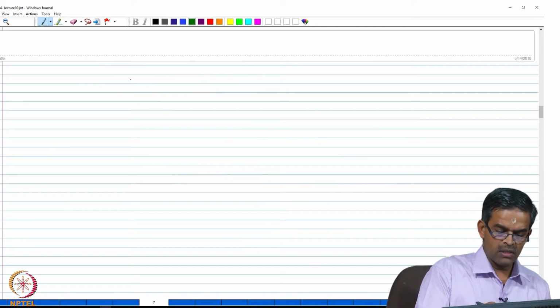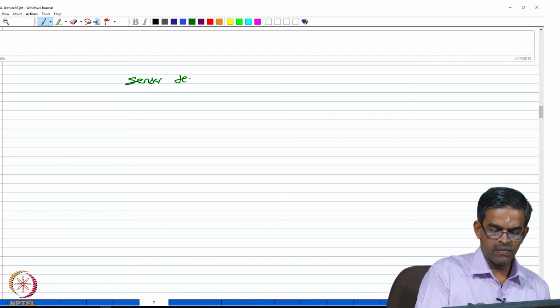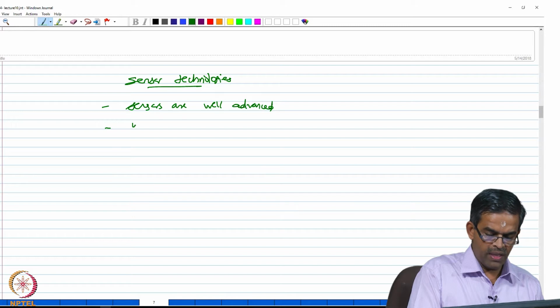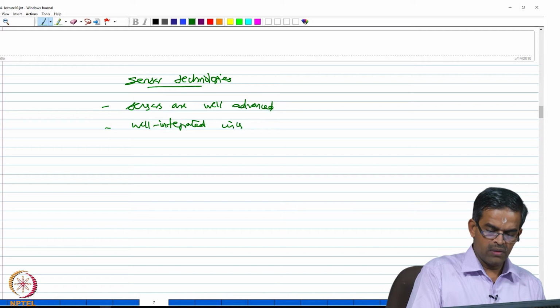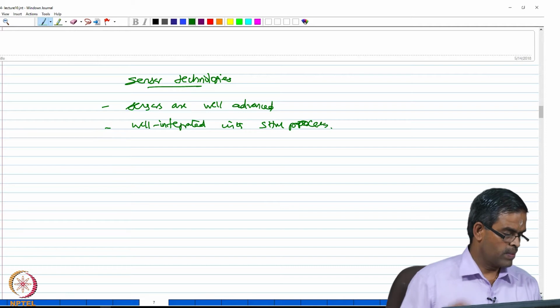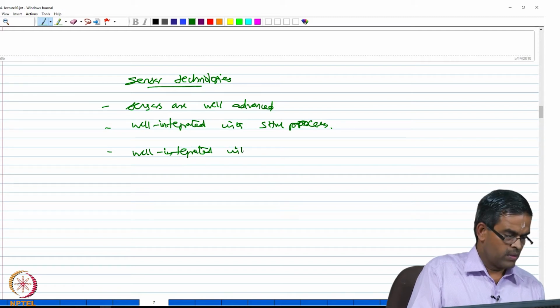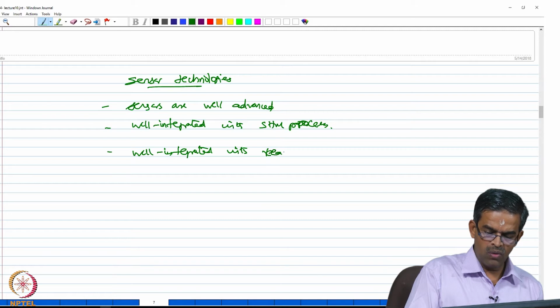Now, talking about the sensor technologies, sensors are well advanced, they can be well integrated with the SHM process, and they can also be well integrated with the real time control mechanisms.